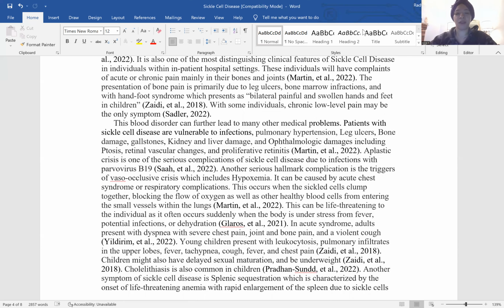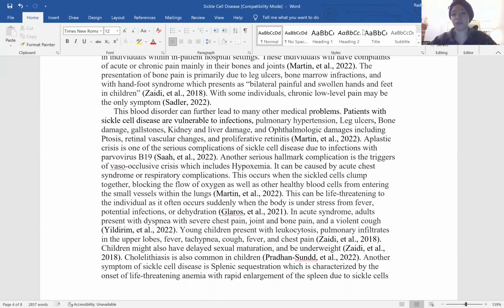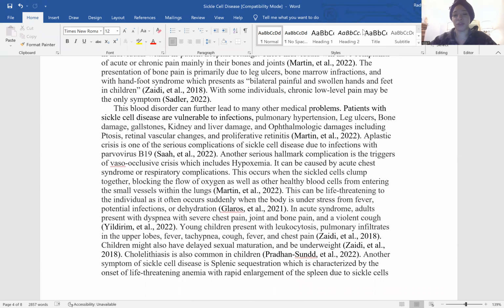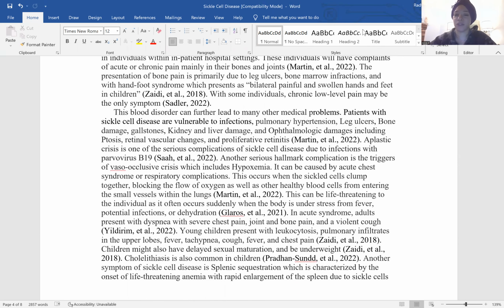The presentation of bone pain is primarily due to leg ulcers, bone marrow infarctions, and hand and foot syndrome, which presents as bilateral painful and swollen hands and feet in children. For some individuals, chronic low-level pain may be the only symptom.